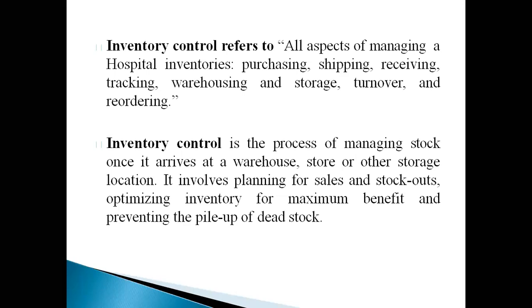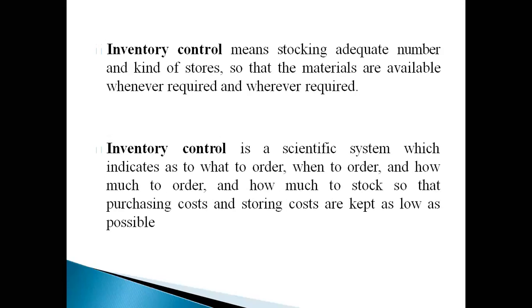This inventory control is essential for maximum benefit and preventing dead stock and dumping stock. Whatever dumping stock occurs in the stores is reduced or prevented with the help of inventory control.